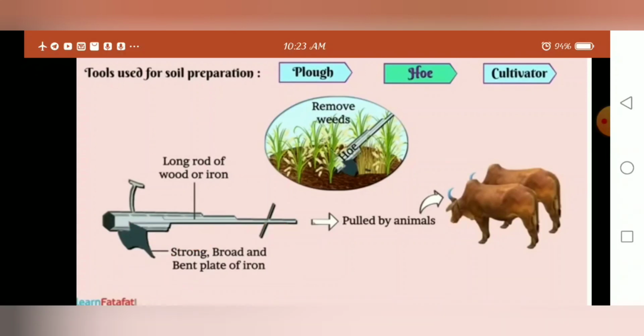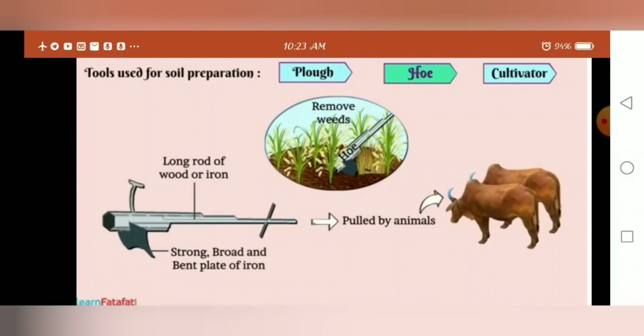Understood? It is fixed to one end, whereas at the other end a blunt part is fixed.